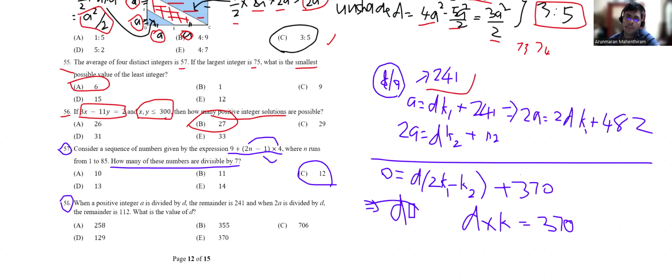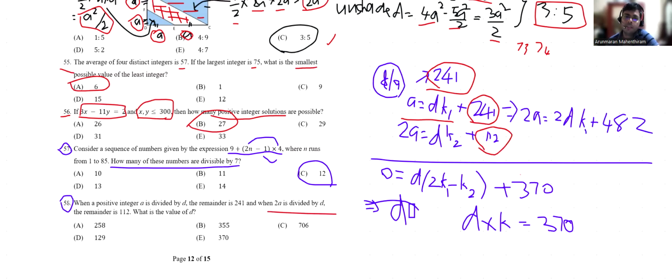So it can be written as a is equal to d times some multiple k1 plus 241. This is the remainder. Similarly, when 2a is divided by d, the remainder is 112. So similarly, we can write 2a is equal to d times some multiple k2 plus 112.